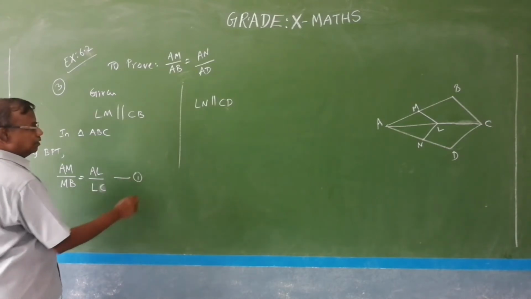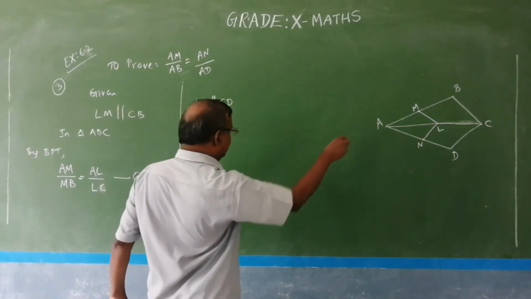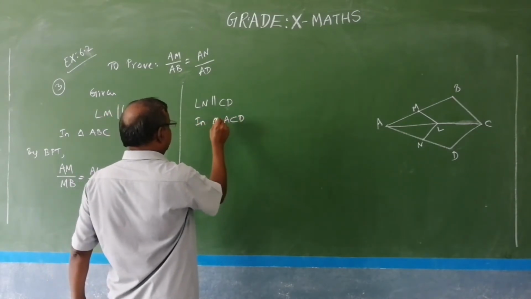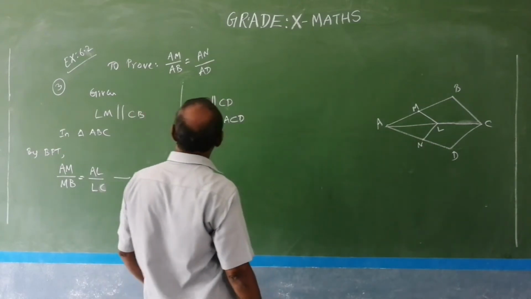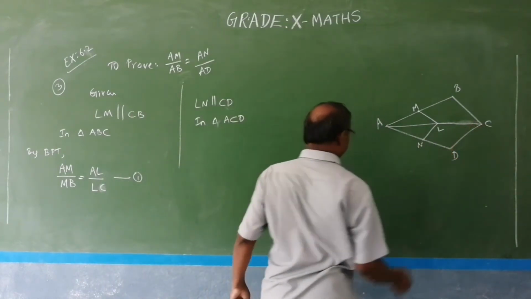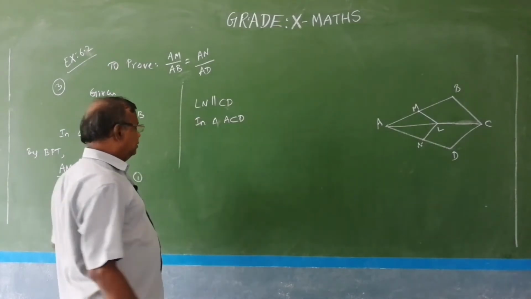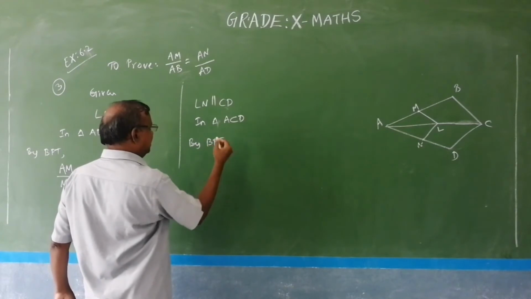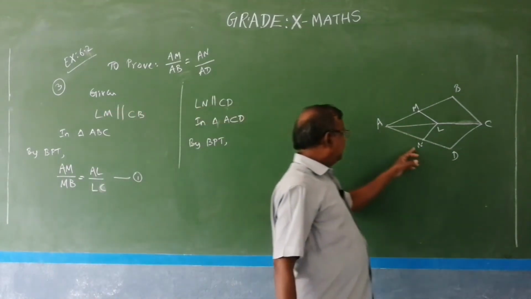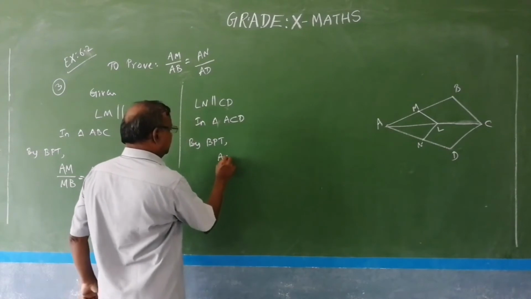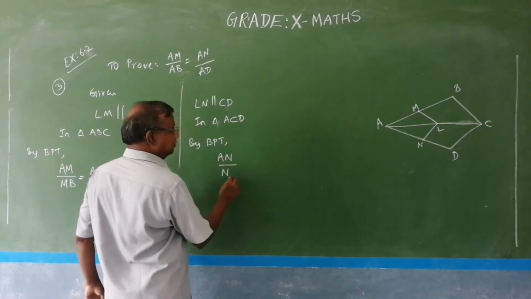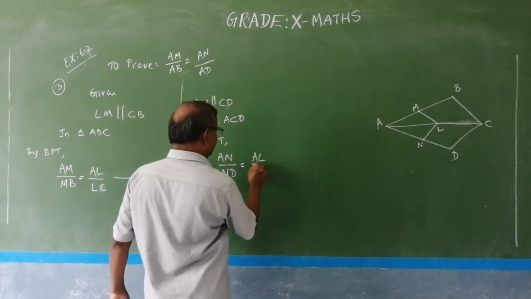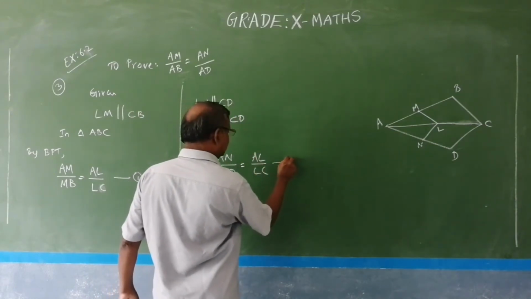Say this is 1. And in another triangle ACD, they given that LN parallel to CD. So by BPT, again by basic proportionality theorem, we have AN by ND equal to AL by LC. Say this is 2.